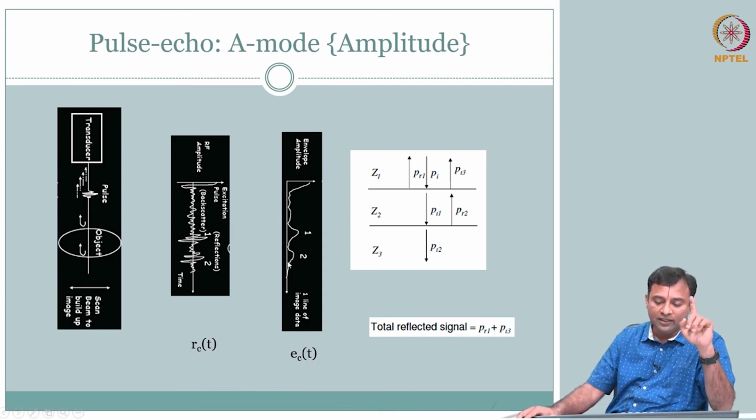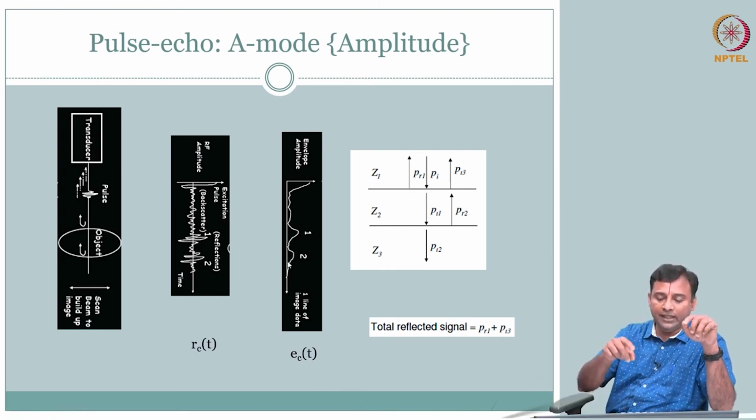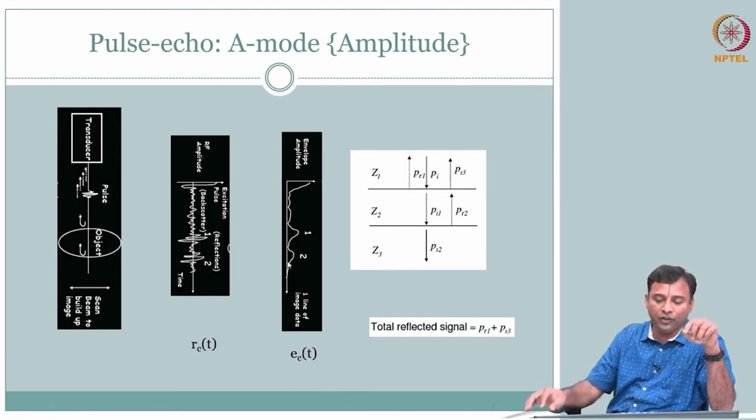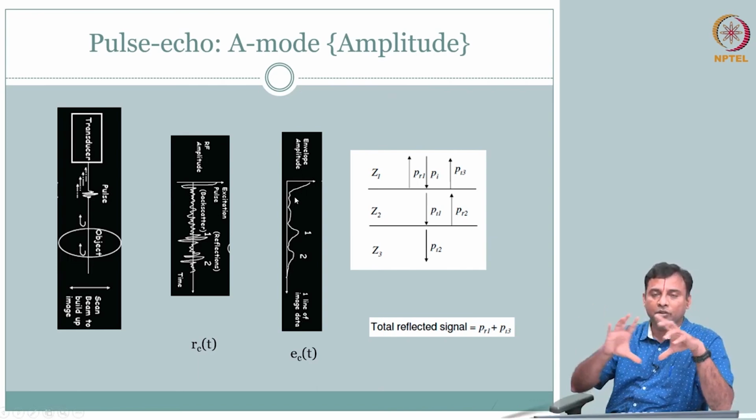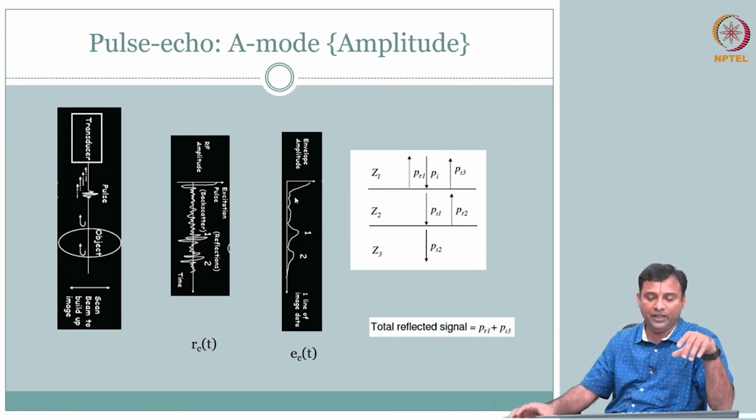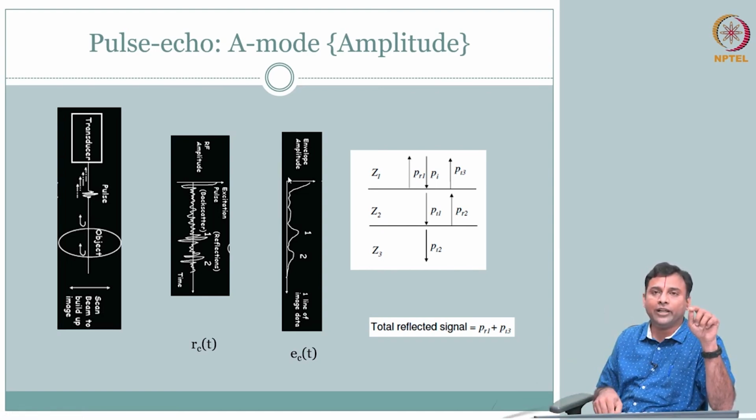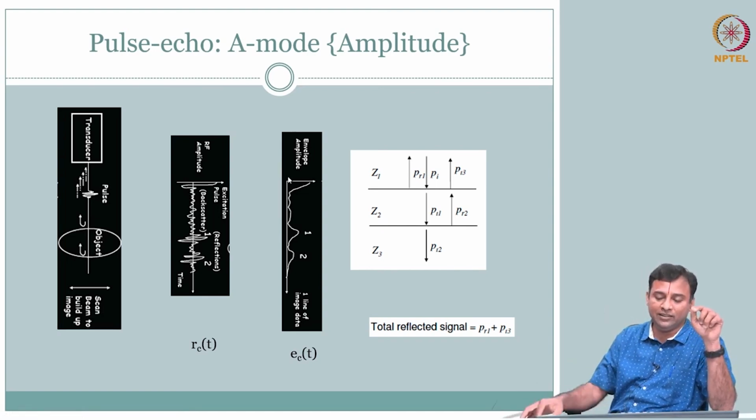Just before that, if you have to do imaging, you have to send the signal and get the signal back from a different location. Only then can you build the image. Otherwise, this is just at one location x naught, y naught, and this is a function of z.